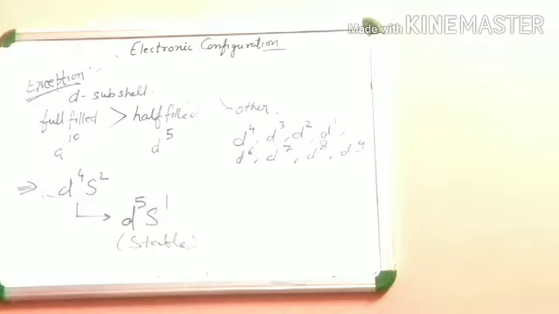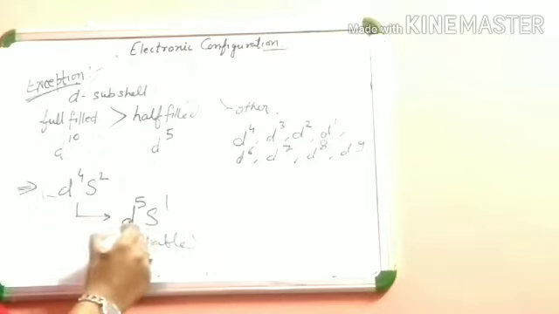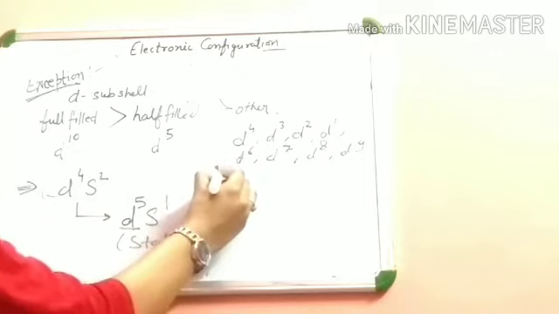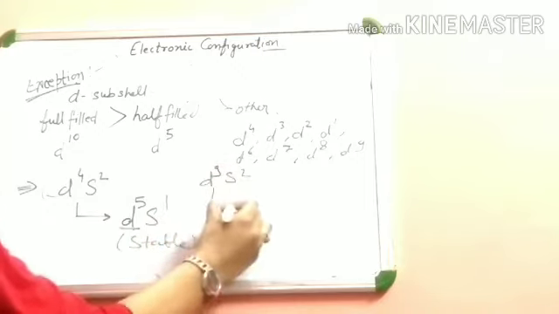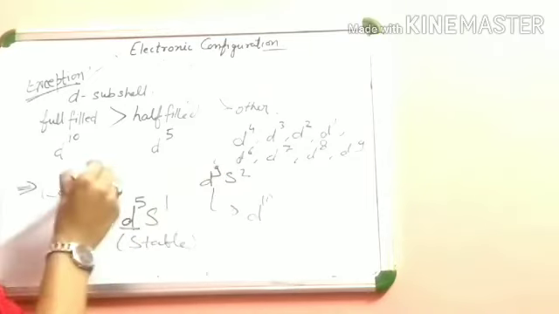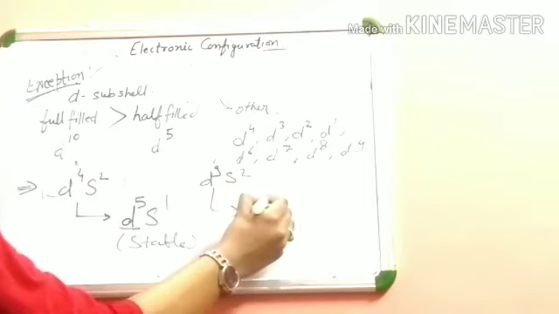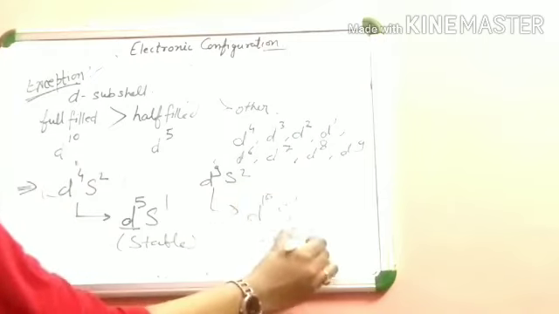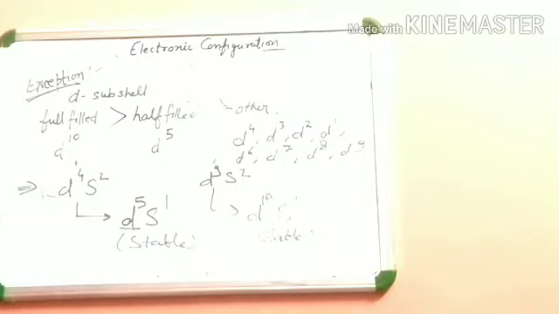So this is the exception in electronic configuration in the case of d5. And one more: if the electronic configuration is d9s2, then it will convert into d10s1. One electron will move here. So this is the stable configuration. So the exception is in the case of the d subshell.